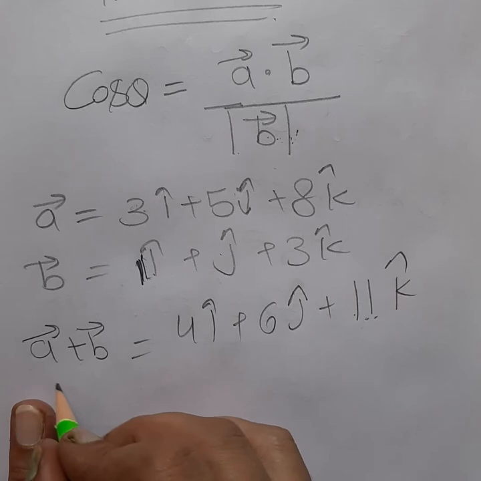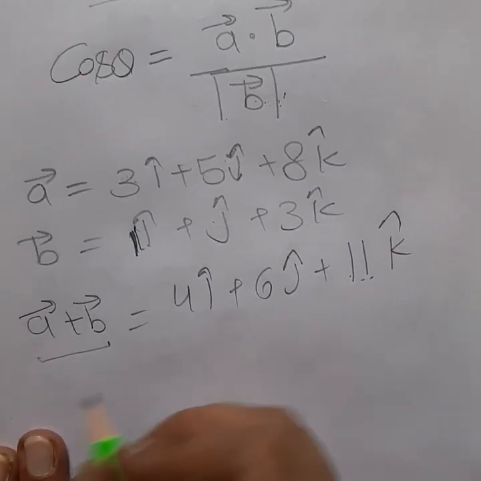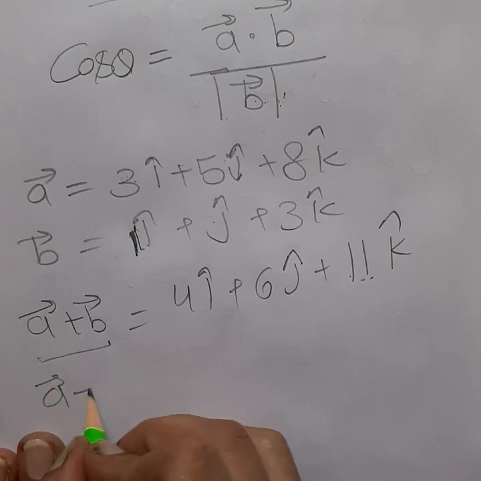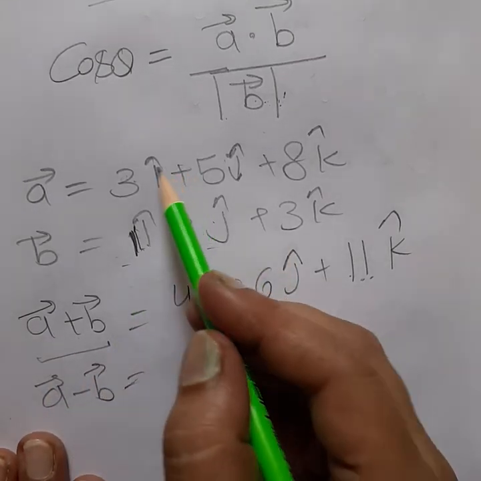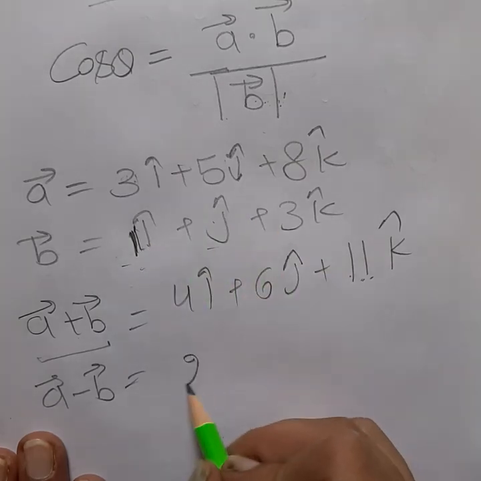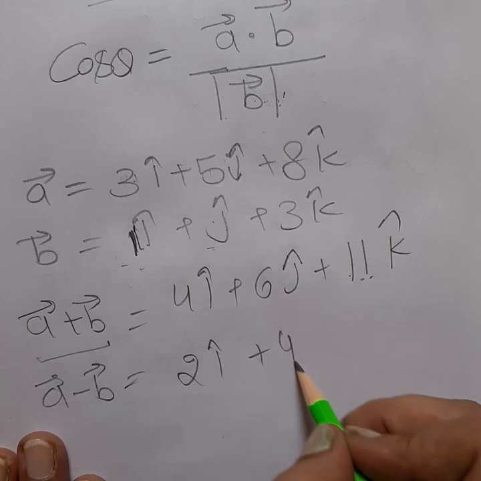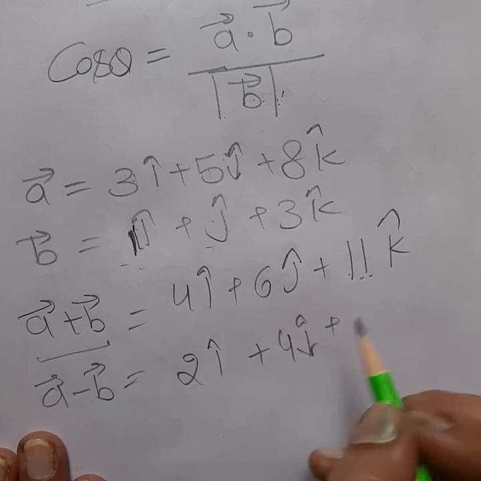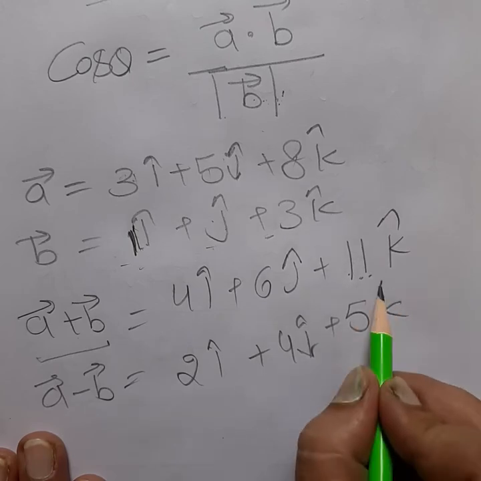So this is the addition of the two vectors. For the subtraction, we take the sign of minus, and 3 minus 1 we get 2i, 5 minus 1 we get 4j, and 8 minus 3 we get 5k.